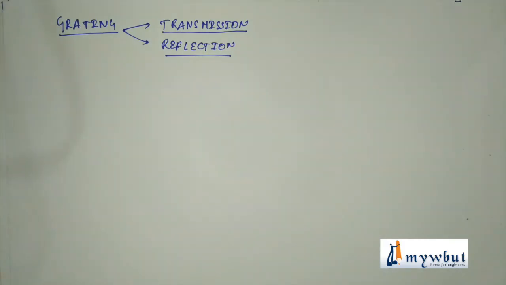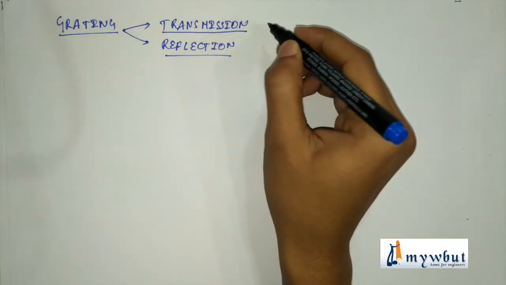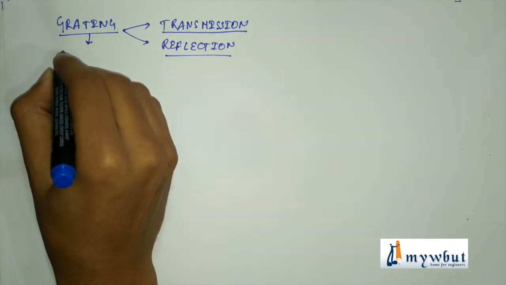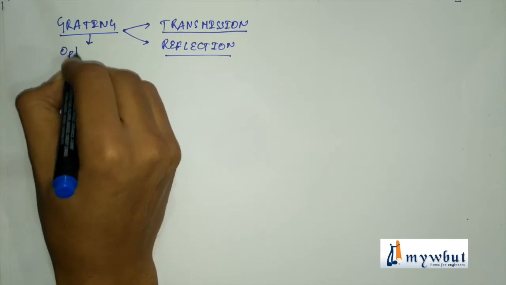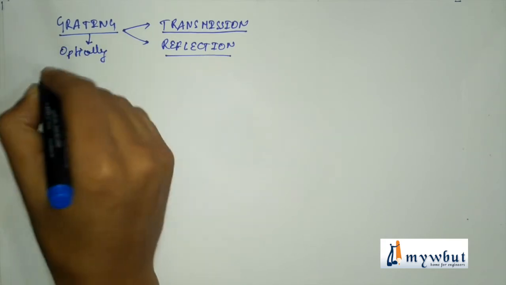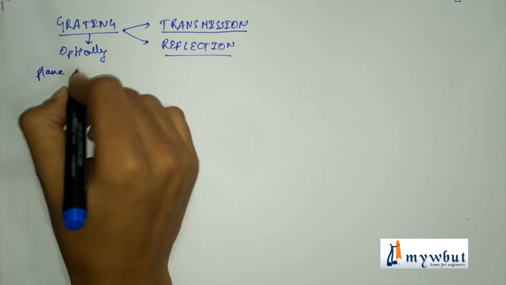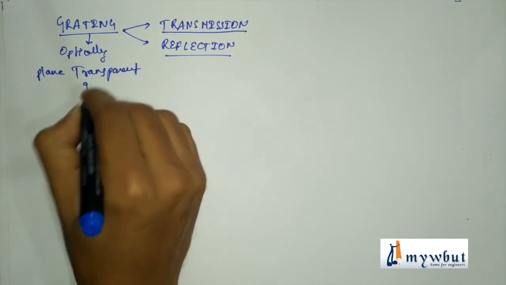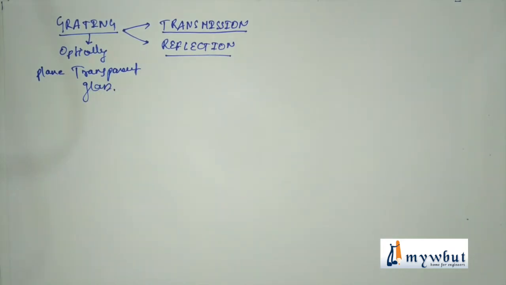A plane transmission diffraction grating is an optically plane transparent glass. So a diffraction grating is basically an optically plane transparent glass material on which equidistant extremely close grooves are made by ruling with a diamond point.